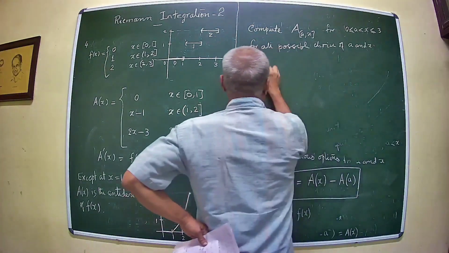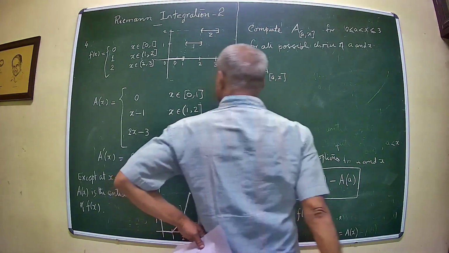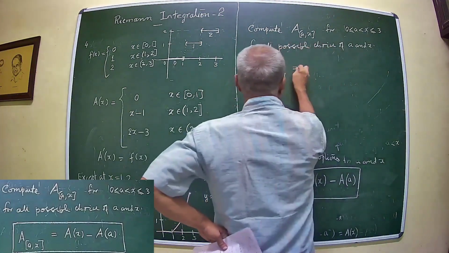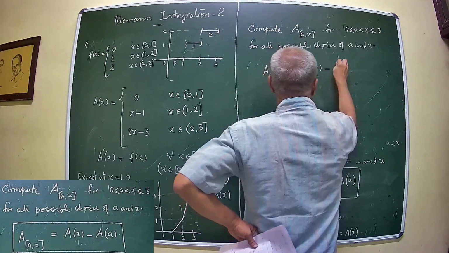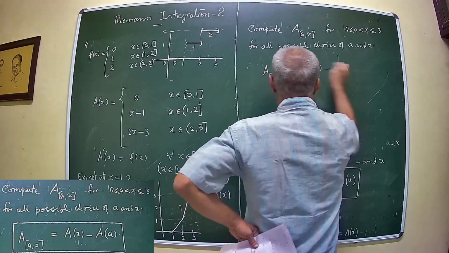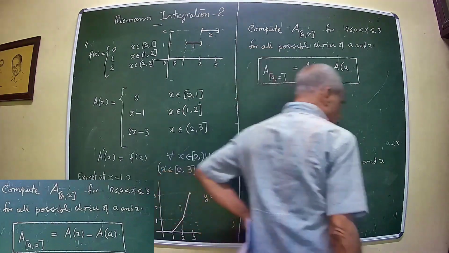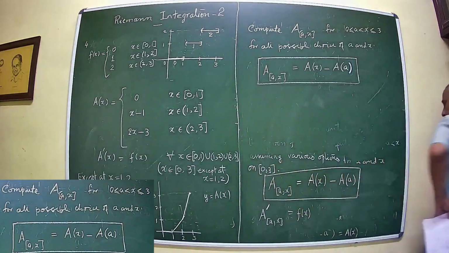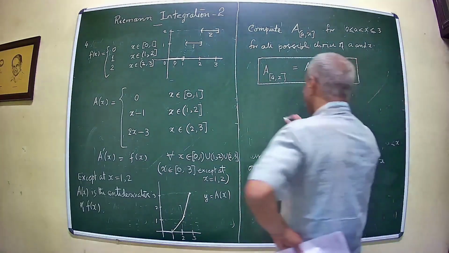That is A, this is equal to, so in all these cases this particular formula works. What is this A(x)?